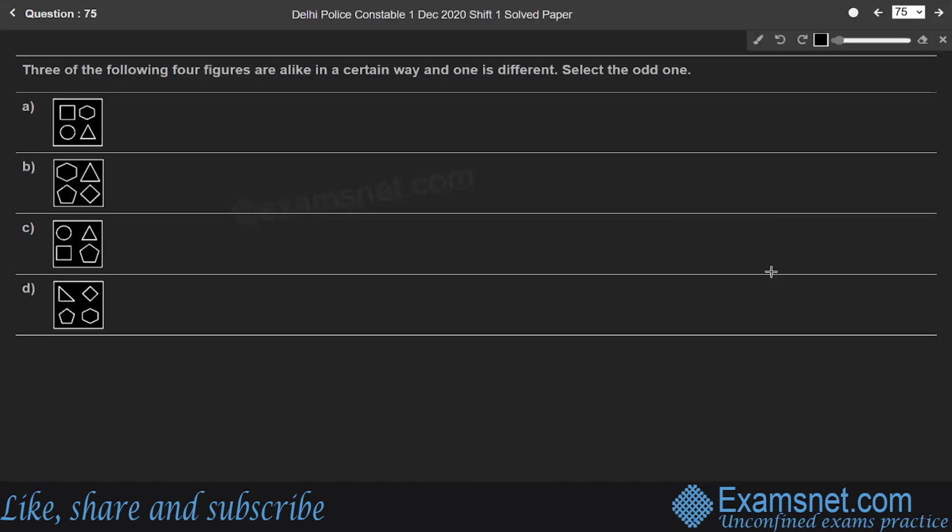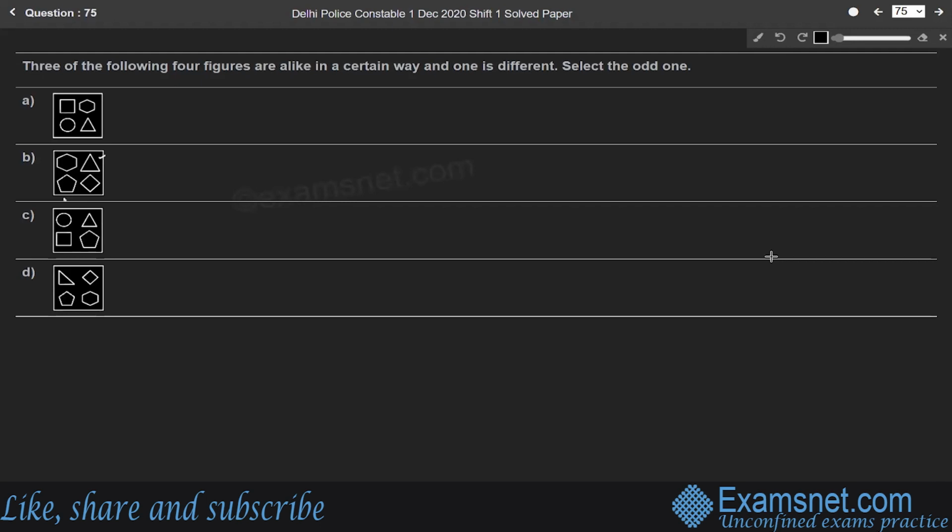Question 75. Three of the following four figures are alike in a certain way and one is different. Select the odd one. In option A, there are four figures: a square, a hexagon, a circle, and a triangle. Whereas in B, a hexagon, triangle, pentagon, and a rhombus. In C, a circle, a triangle, a square, and a pentagon.